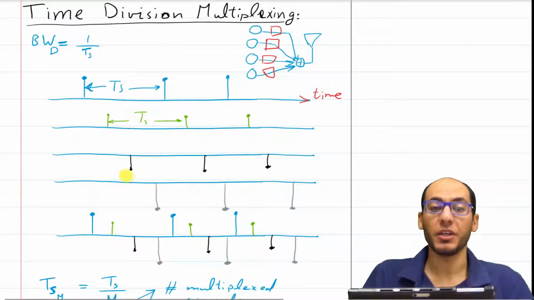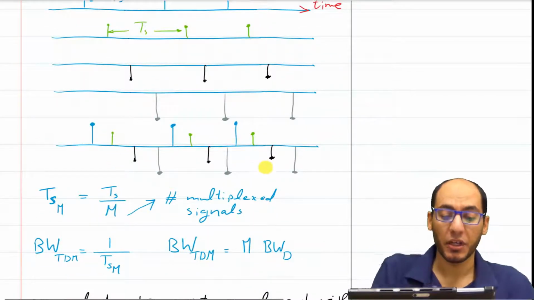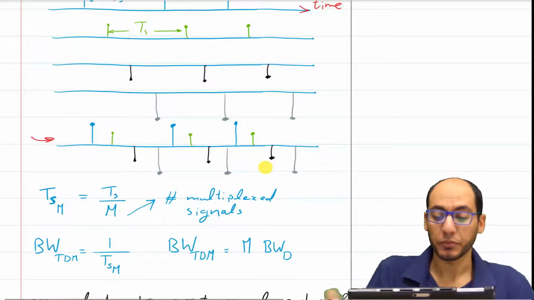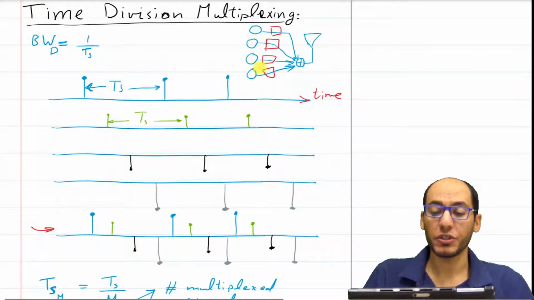Then they're not going to be interfering with each other. And that's basically what you're going to be transmitting: the addition of all versions of all users, but after shifting them.